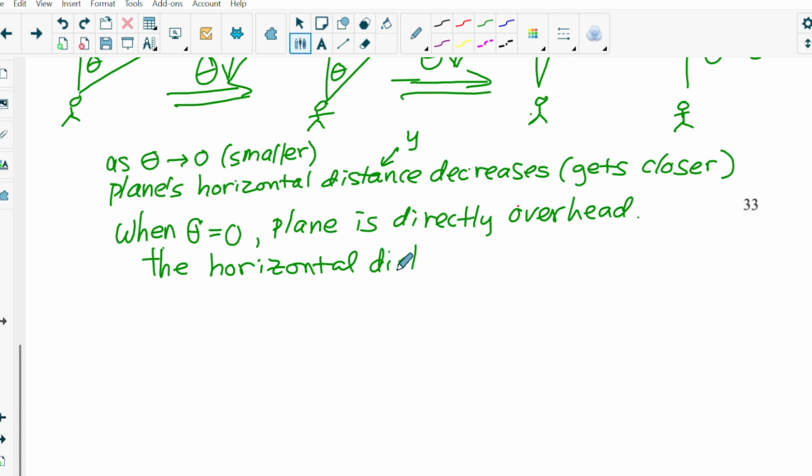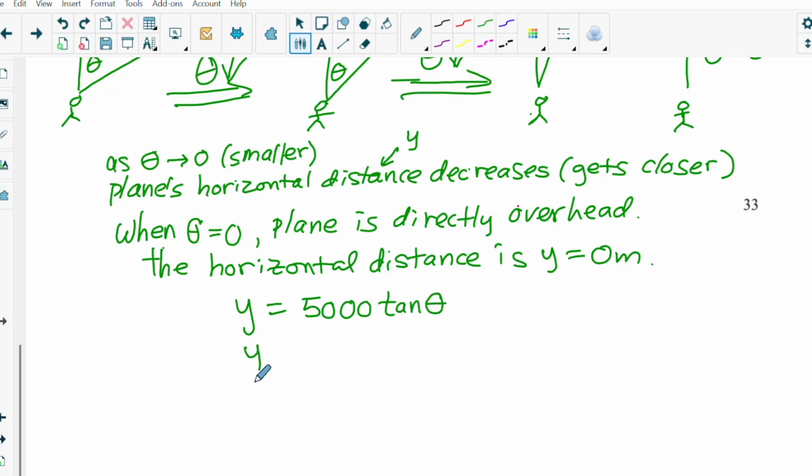The horizontal distance is y equals 0 meters. And we saw that from our equation: y equals 5,000 tangent of theta.